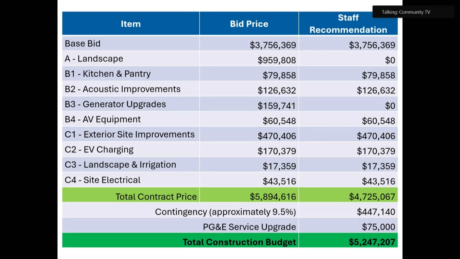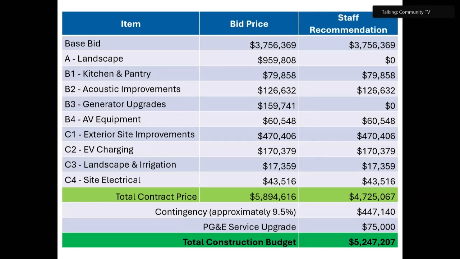And that also goes for things like the EV charging equipment that is part of the Green Building Code and required for a renovation of this type, the site electrical to support all of this new equipment and HVAC, the AV equipment, the acoustic improvements to make the rooms more usable, less echoey, and then all of the kitchen improvements. So for the staff recommendation, we are only recommending not doing the generator improvements and the landscaping improvements, which I will get into in following slides.